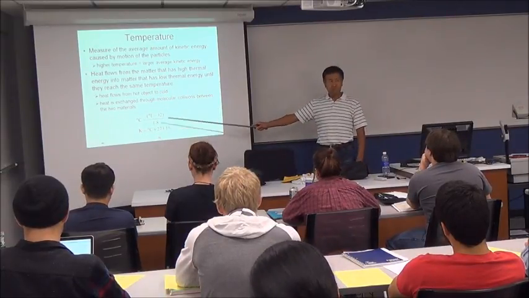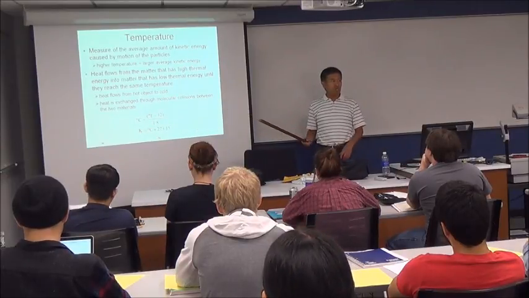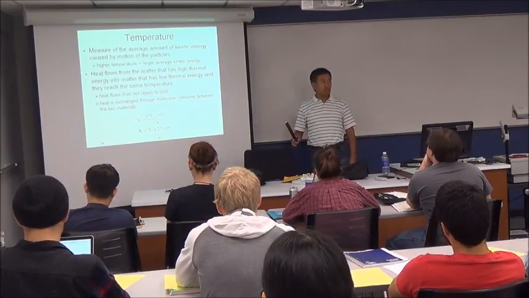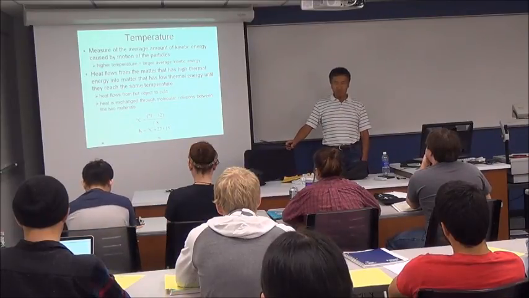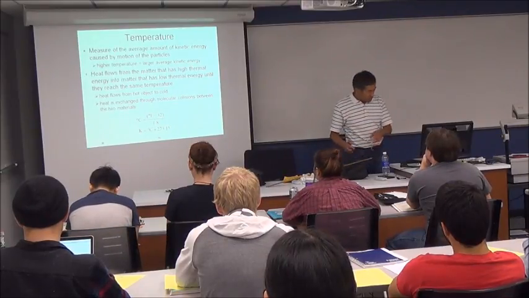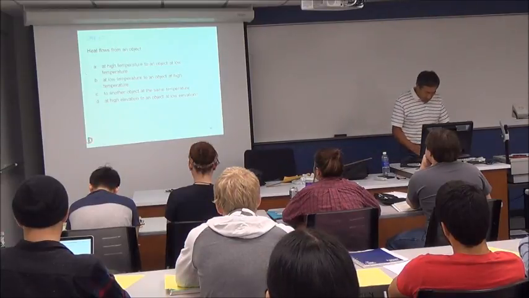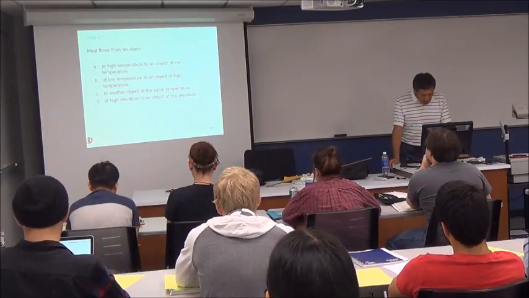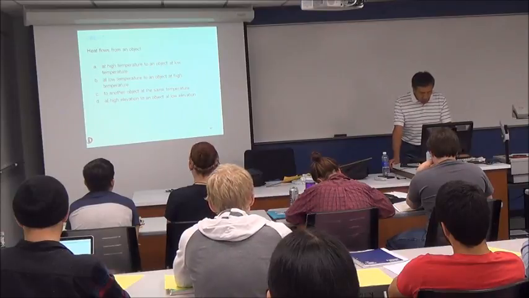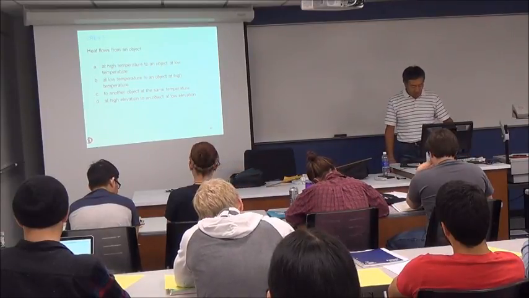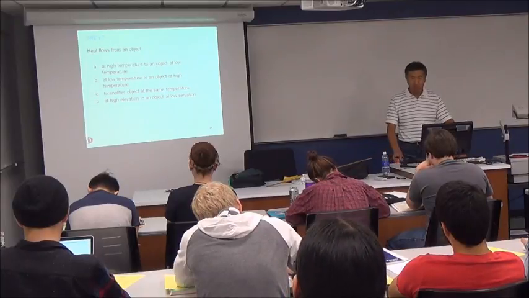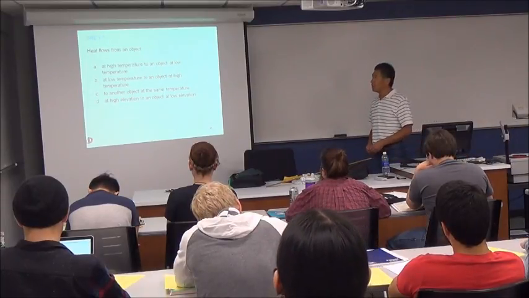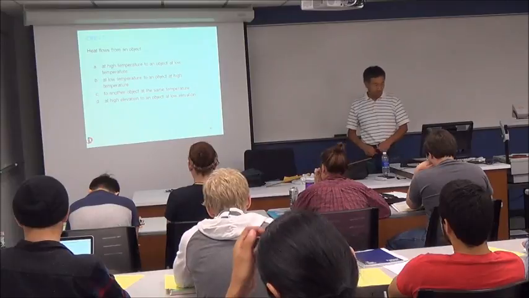So with these two equations, you can convert between any two of those three temperature scales. So heat flows from an object at what to what? To a low temperature.